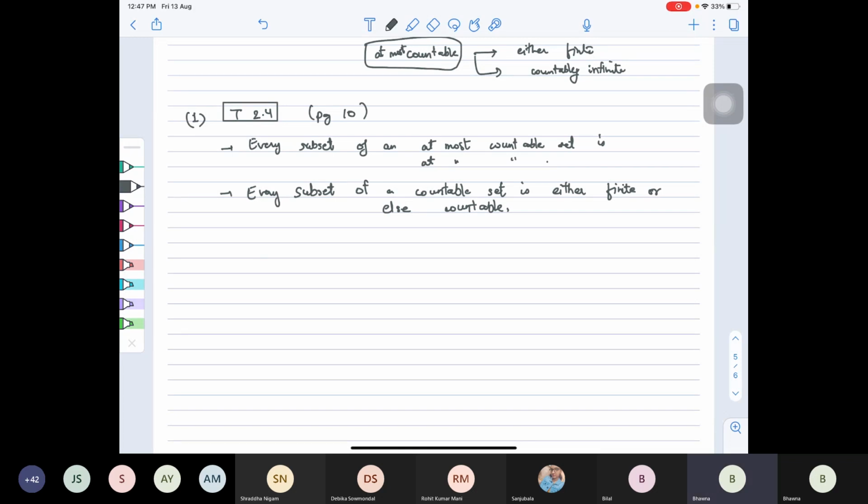In the proof of this theorem particularly, we can use PMI, the principle of mathematical induction, or the well ordering principle.